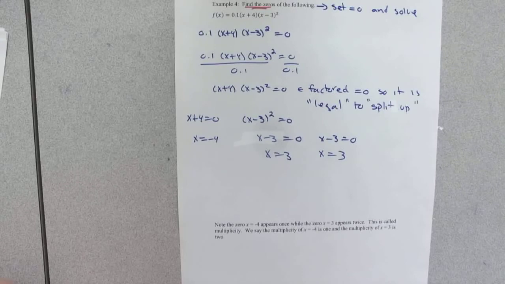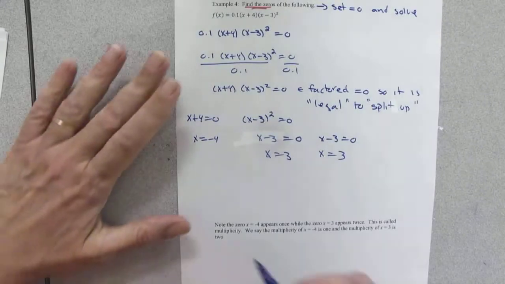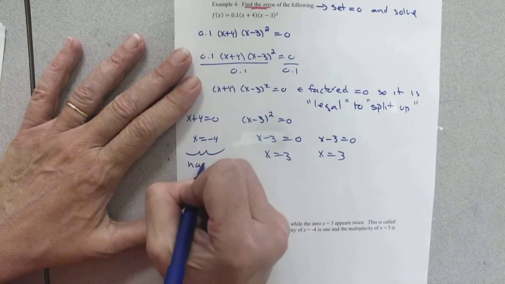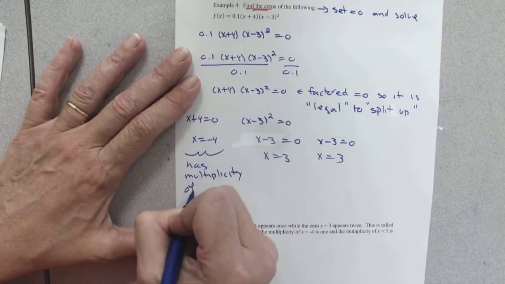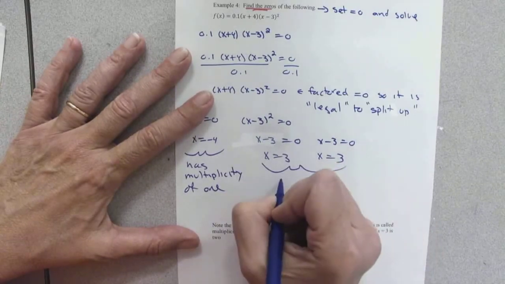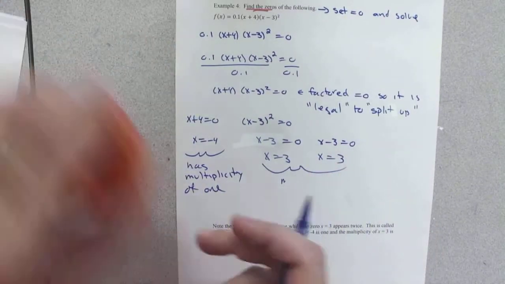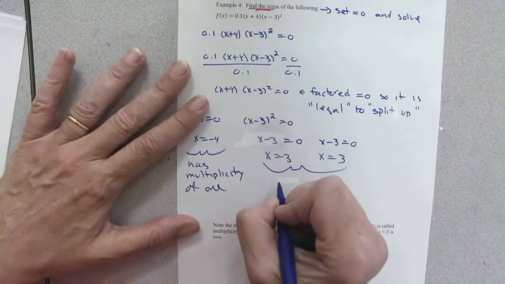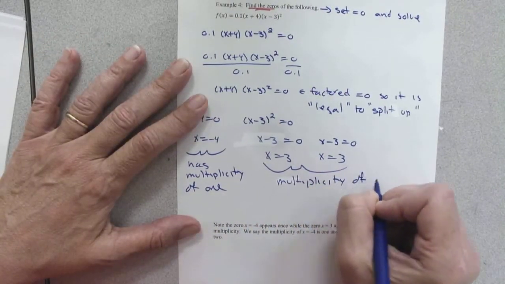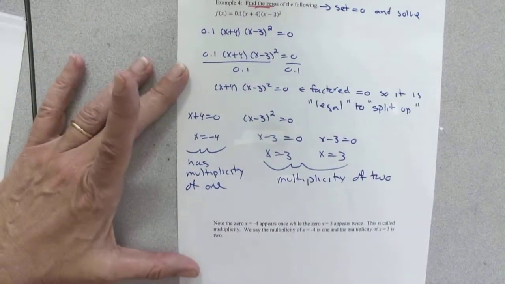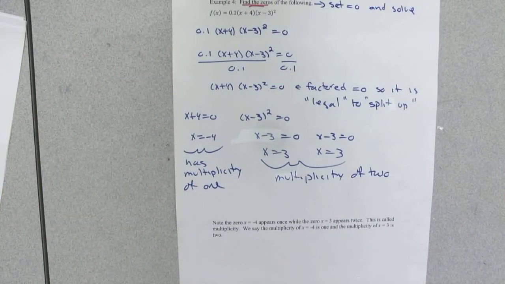And so we say the multiplicity of negative 4 is 1, and the multiplicity of x equals 3 is 2. Multiplicity is how often that zero applies when you solve out the equation.